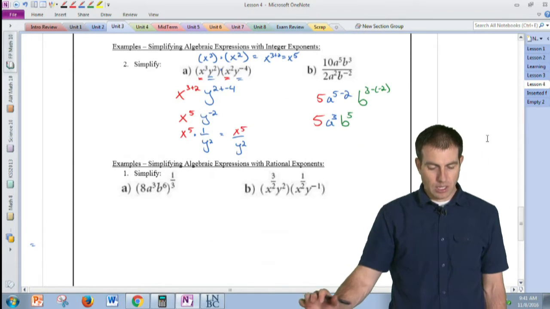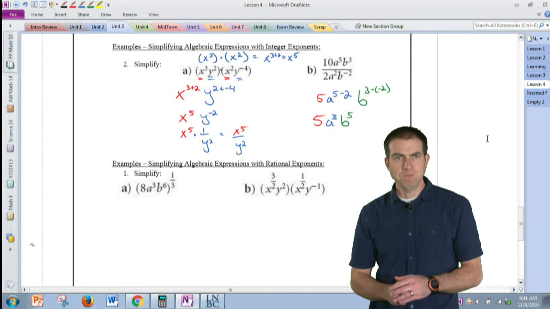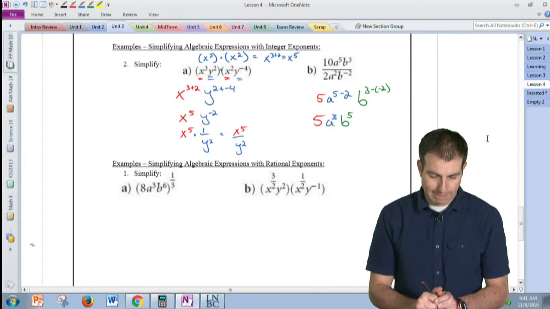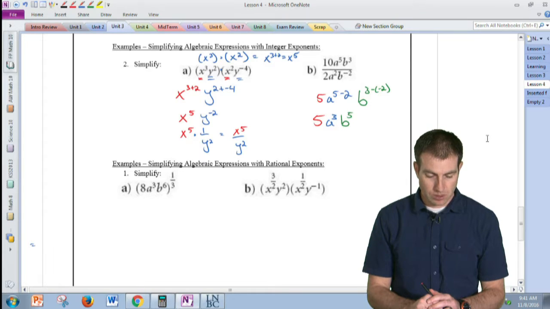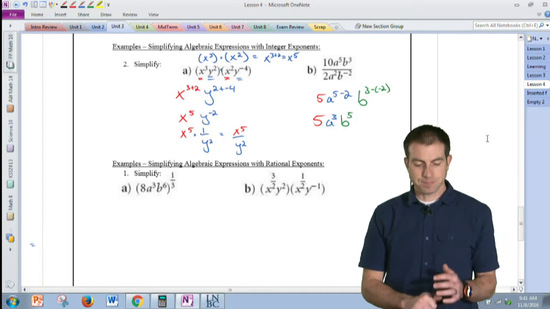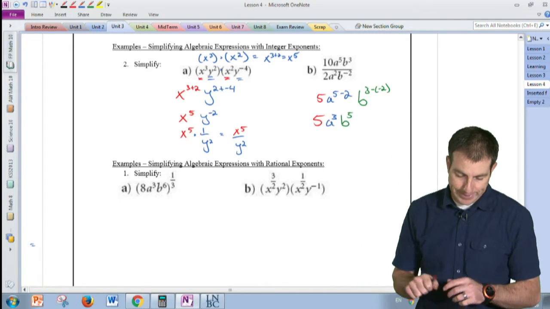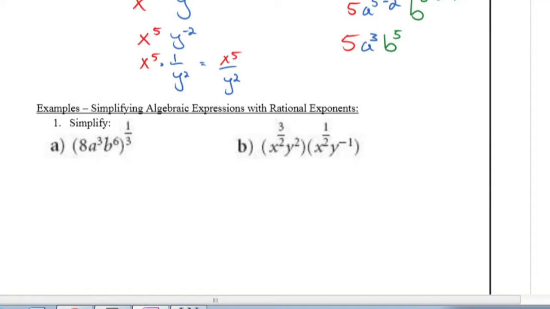All right, 4 more questions. And these have reintroduced our fractional exponents, or rational exponents. The process doesn't change though. It's the same thing. If I have an exponent outside of my brackets, I need to multiply that by the exponents inside of the brackets.